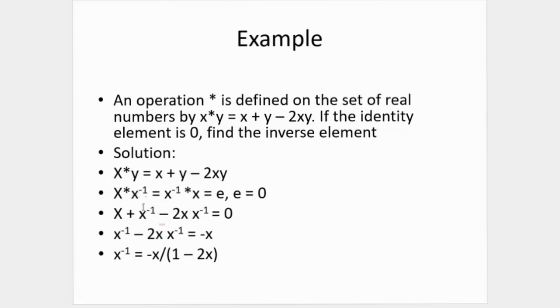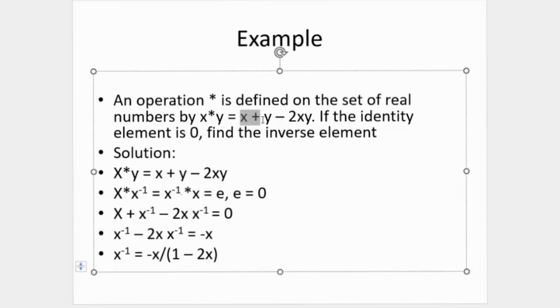So first of all, we know that x asterisk x inverse is going to give us e, and e is 0. So replacing y with x inverse, we have x plus x inverse minus 2x times x inverse, which is what you have here, and that's equal to 0.